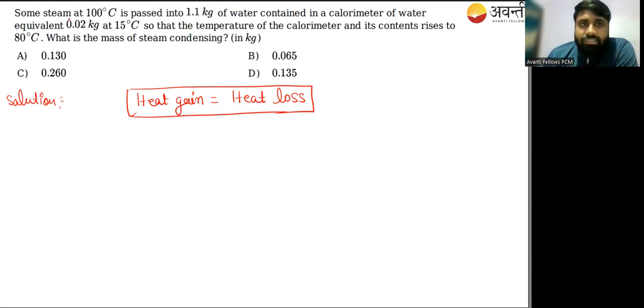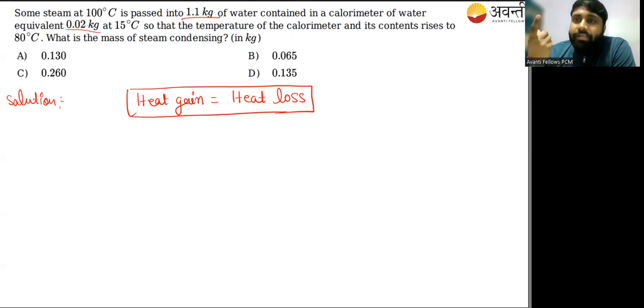Now, some steam at 100 degrees Celsius has been passed into 1.1 kilogram of water directly, and 0.02 kilogram water equivalent. That means that substance you can consider as 0.02 kilogram of water.